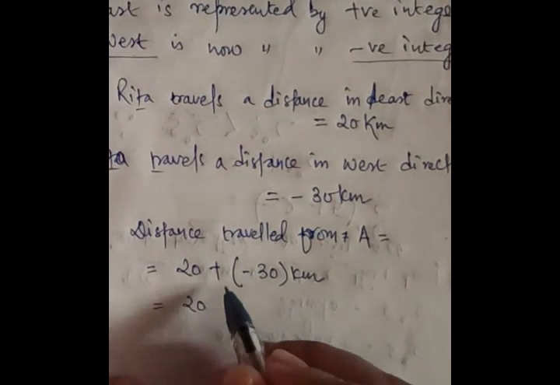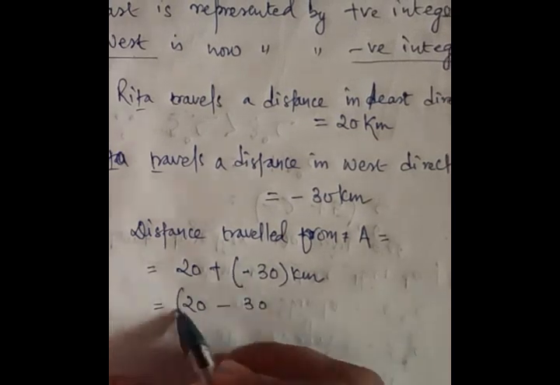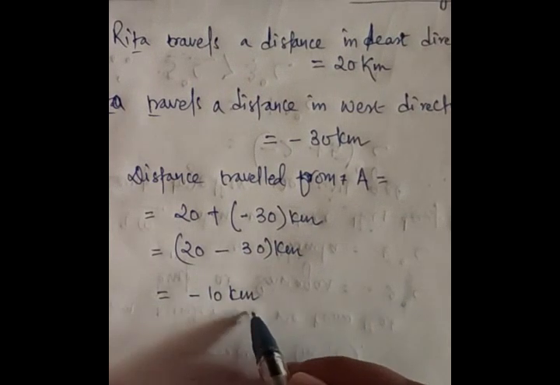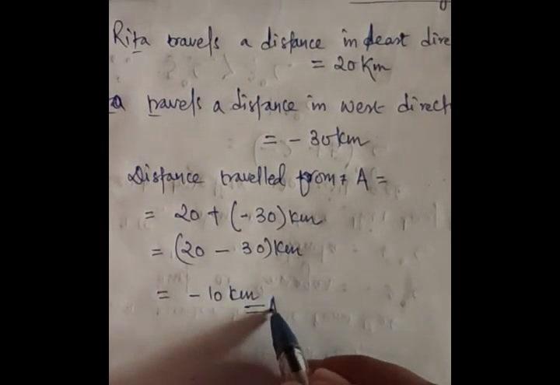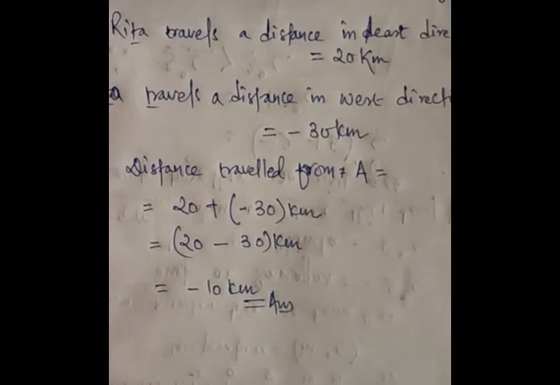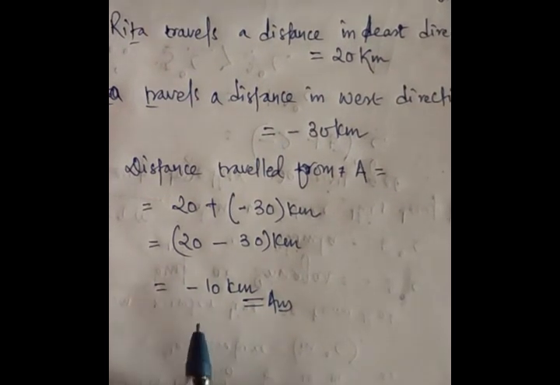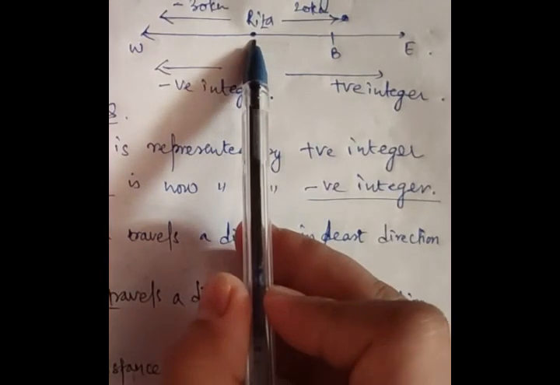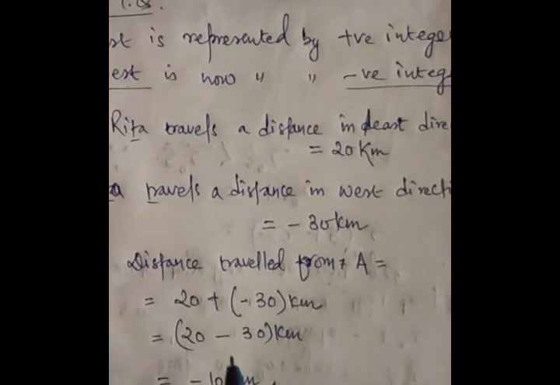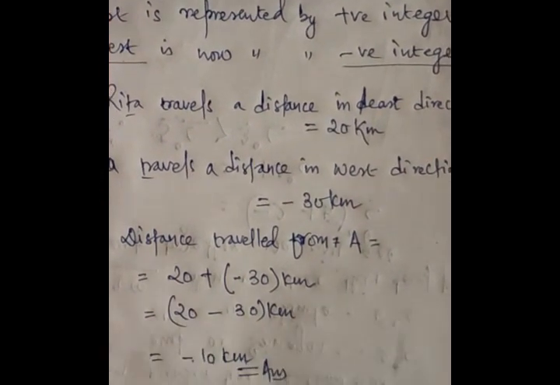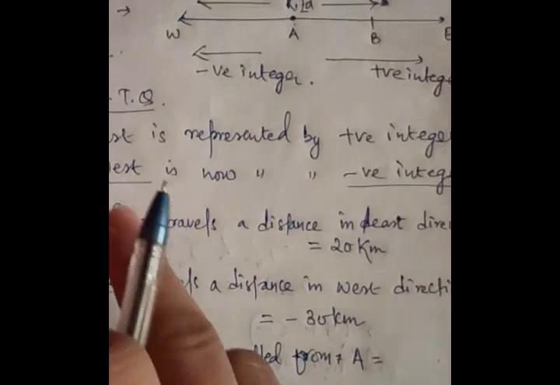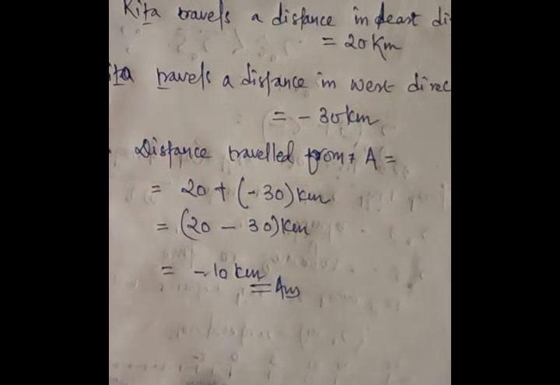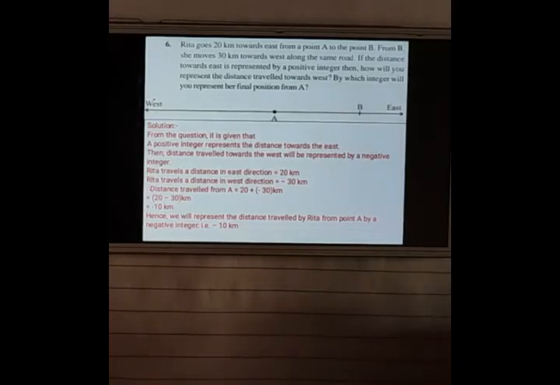So 20 plus minus 30 kilometer, and your answer is minus 10 kilometer. So you'll write like this: hence we will represent the distance traveled by Rita from point A by a negative integer, that is minus 10 kilometer. Understood? Clear now? Now it is proved that west is represented by the negative, because we got the minus 10 value. I hope you are clear with question number 6.